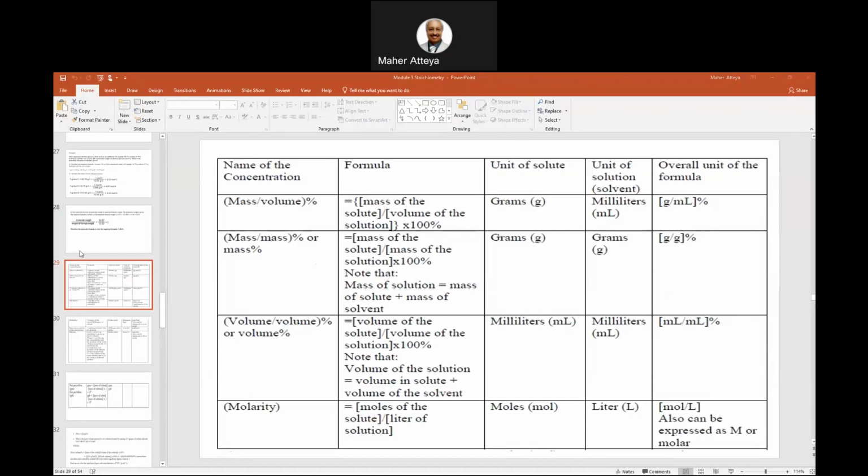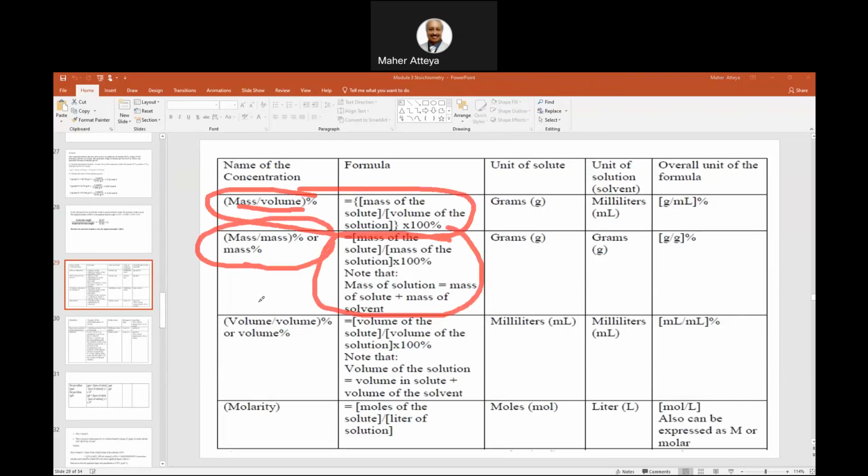This is the formula here, but you have to know what this formula is all about. All those formulas, you have to know what they are related to.